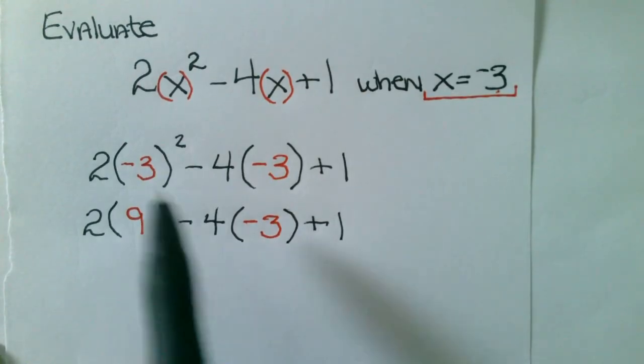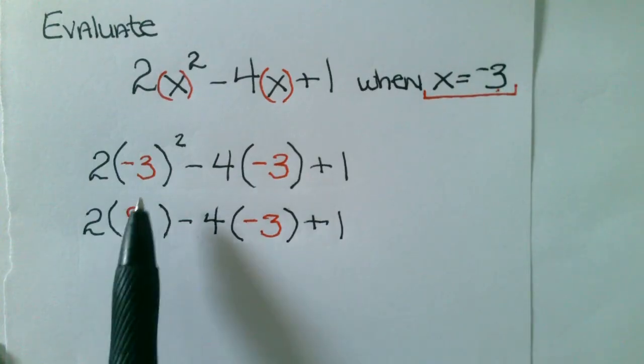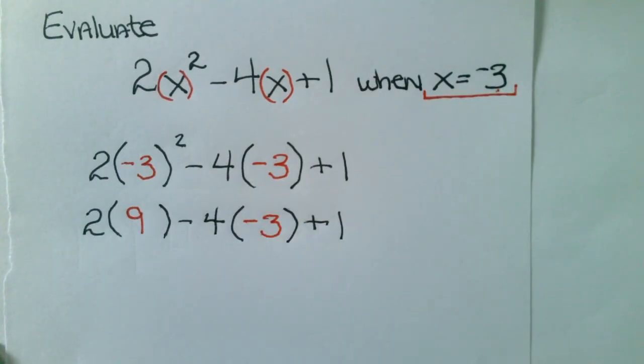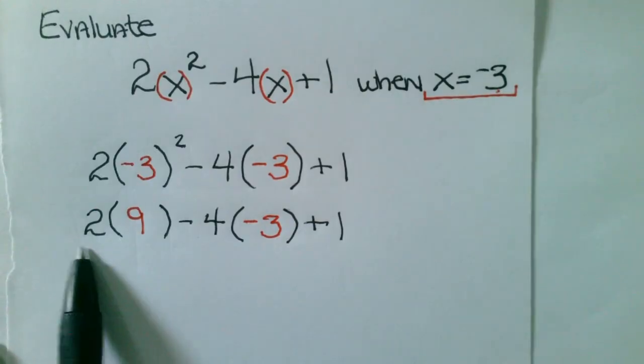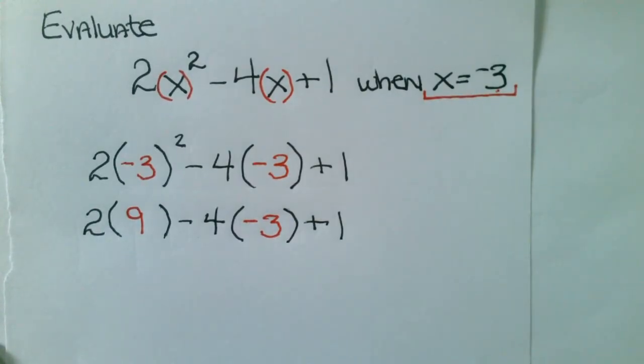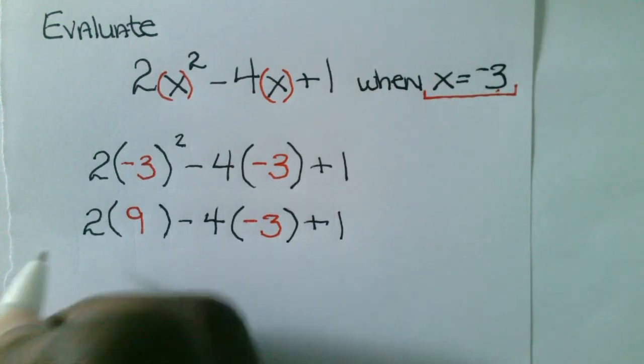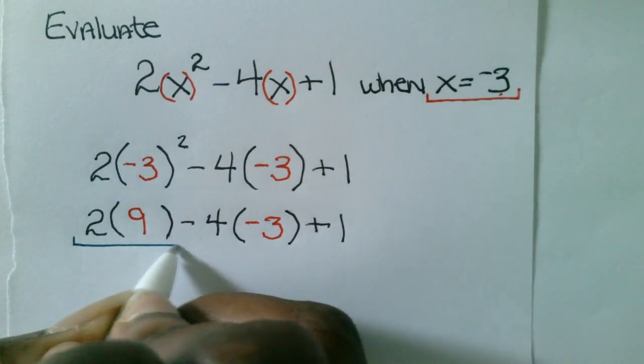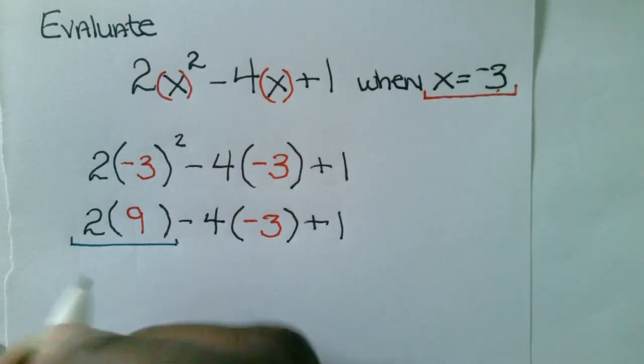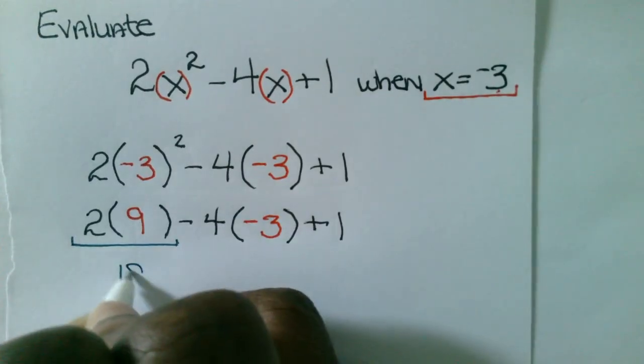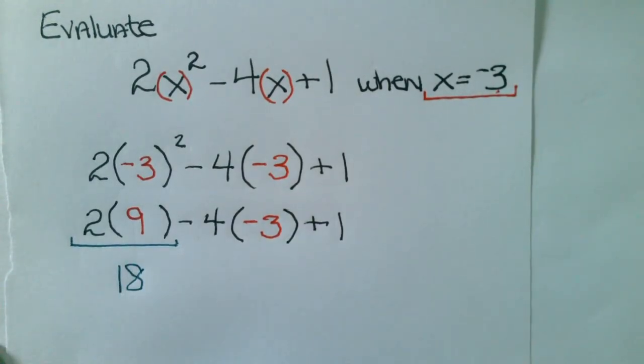So now we took care of the exponents. There's nothing inside the parentheses for us to do. So now from left to right, we're doing the multiplications. This is the thing that gets people. We're going to multiply the 2 times 9, which I see a couple of you put 18, which is excellent. But this is the part that gets everybody.